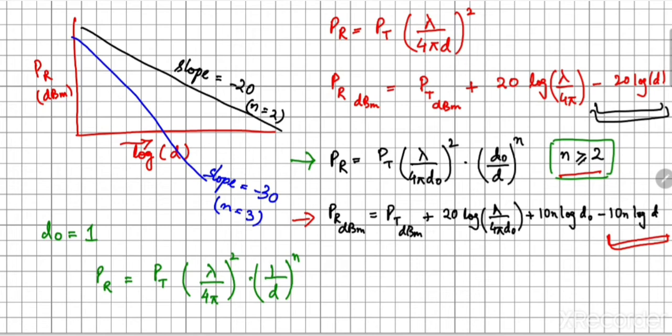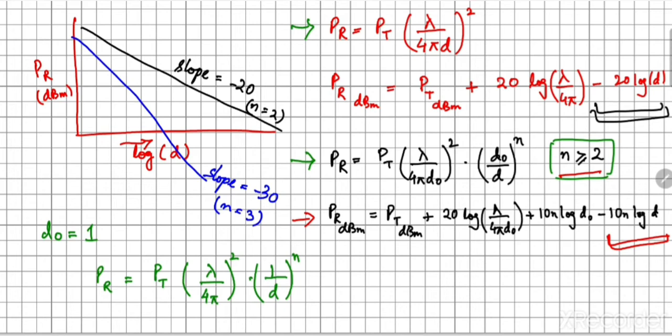And the difference between these two expressions is that d naught equal to 1 cancels out the contribution in the denominator and the numerator of that expression. It has a very similar syntax as compared to the original free space path loss model.